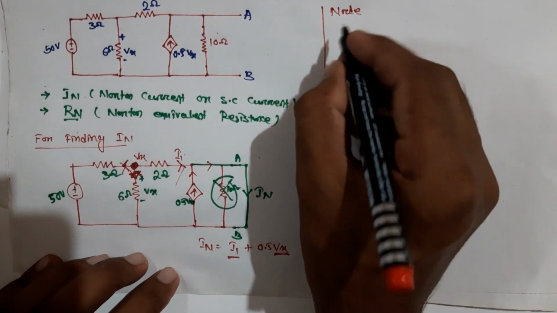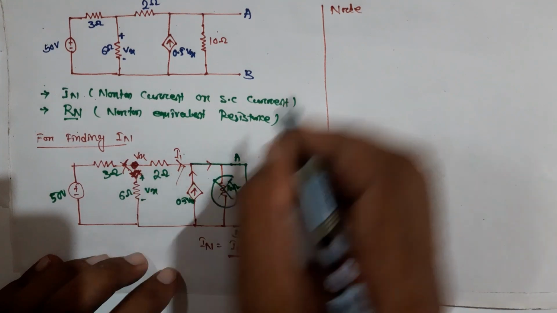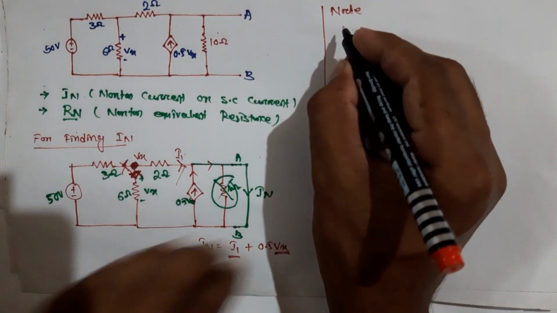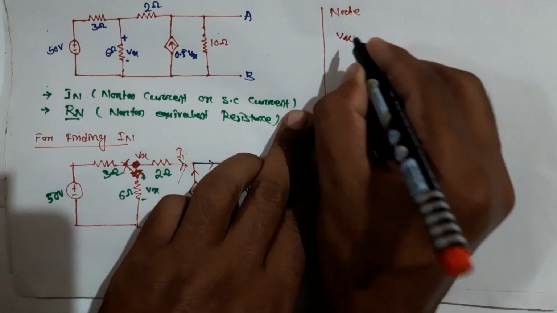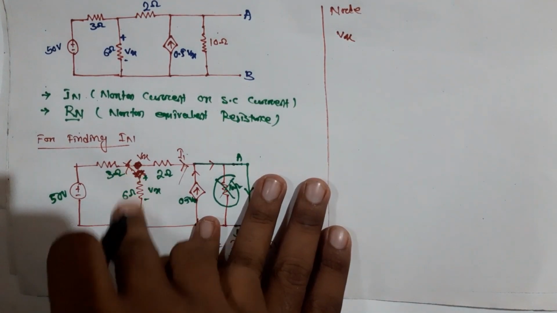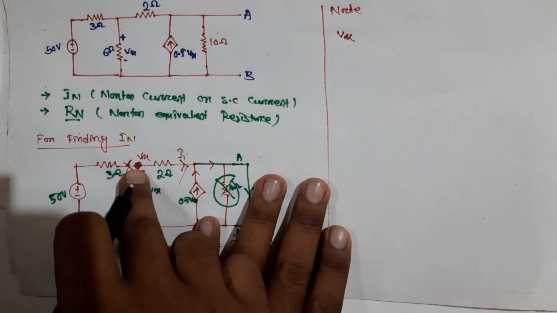This is for finding I1. Let the node equation be as follows. Since this branch voltage is Vx, we can take the node voltage Vx.